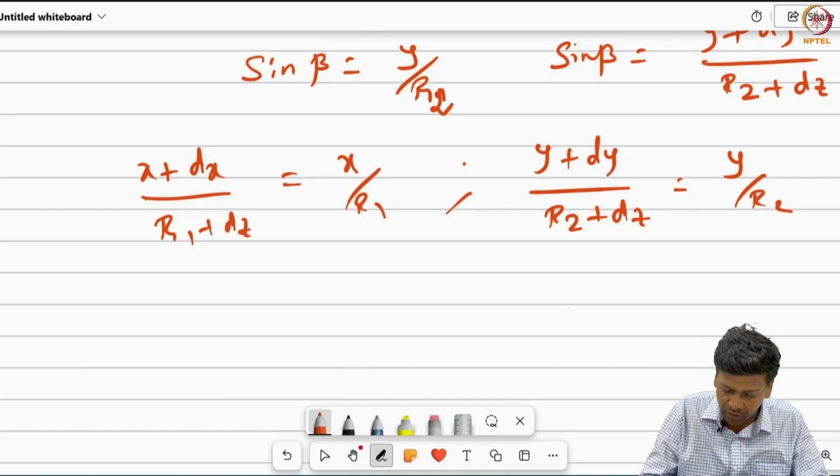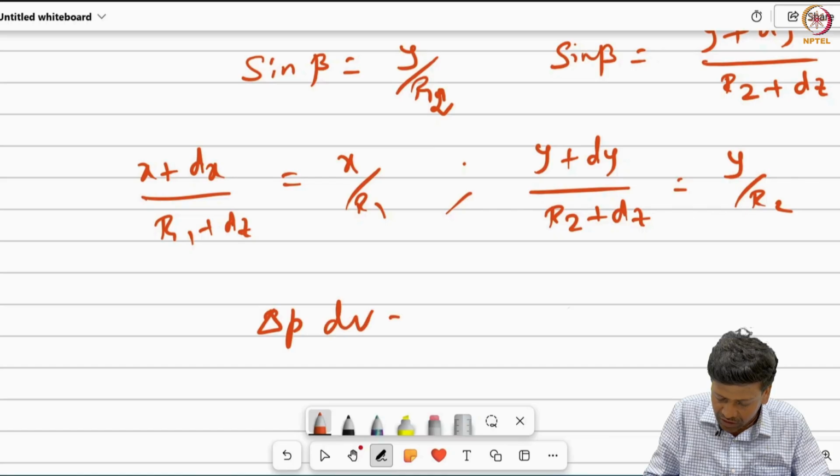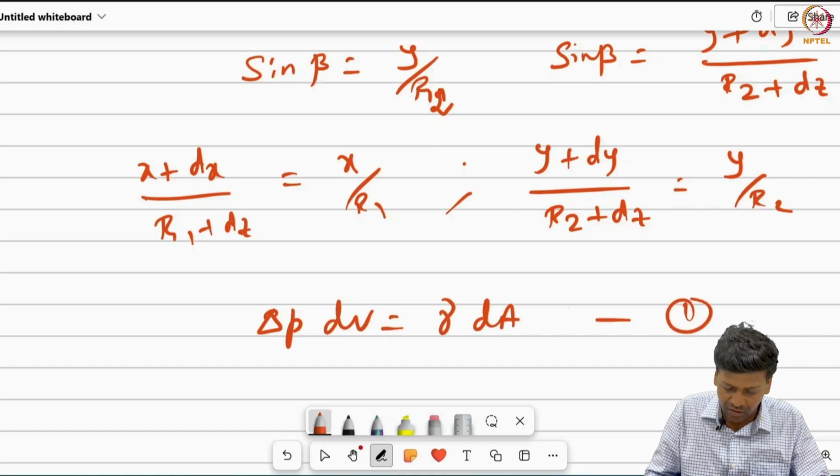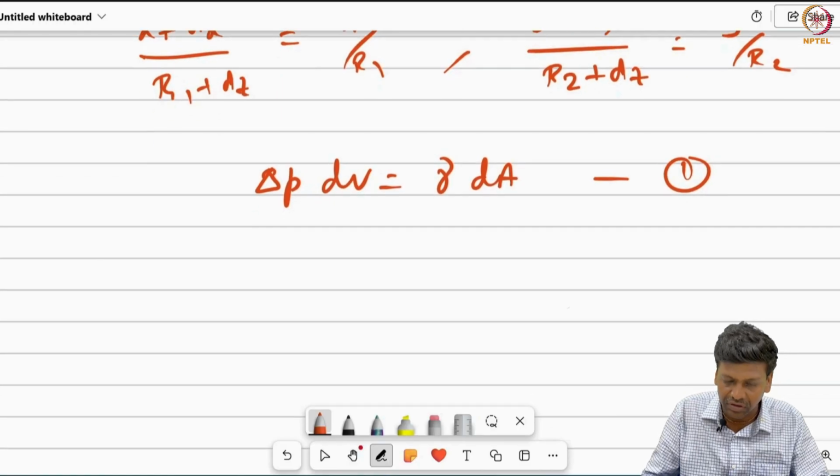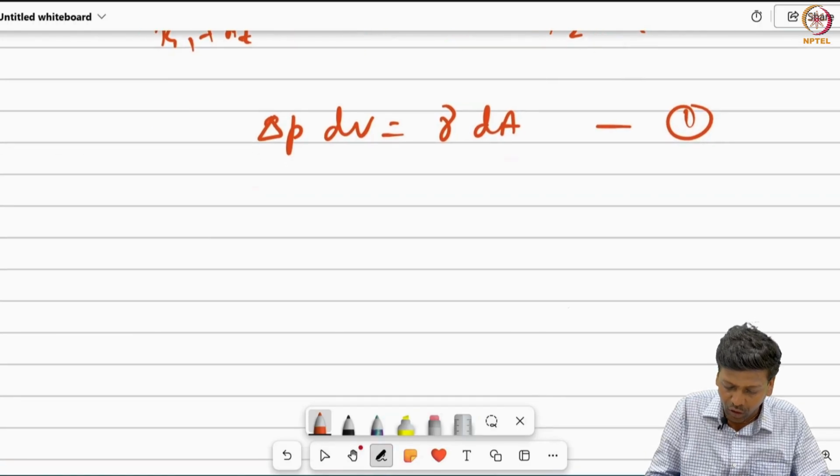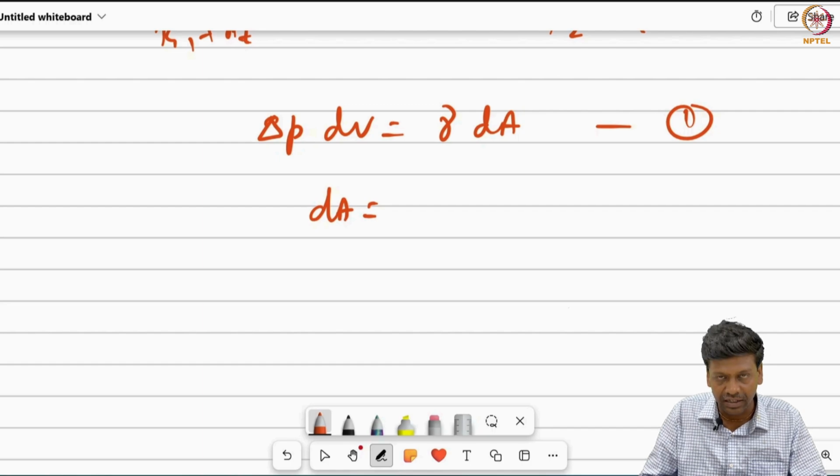Now we go back to the equation that we initially started with, that is delta p dV equal to gamma dA. This is our governing equation. Now we know what dA is. dA is the change in area.